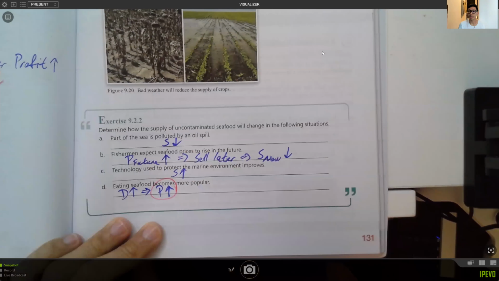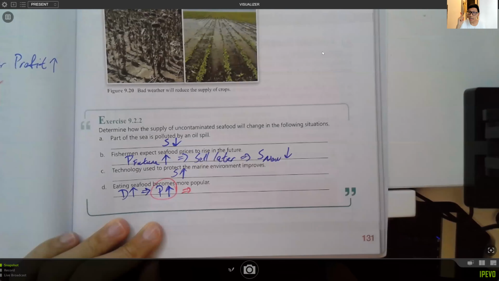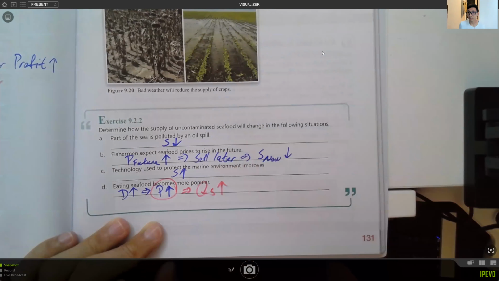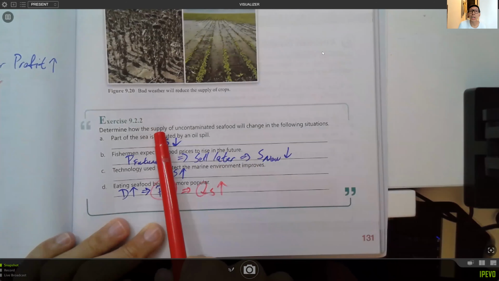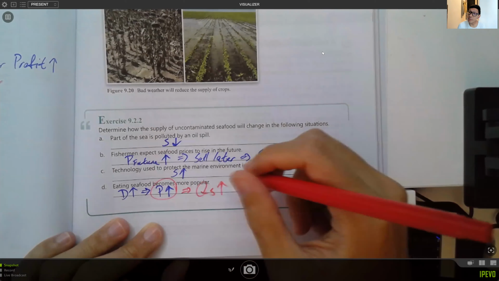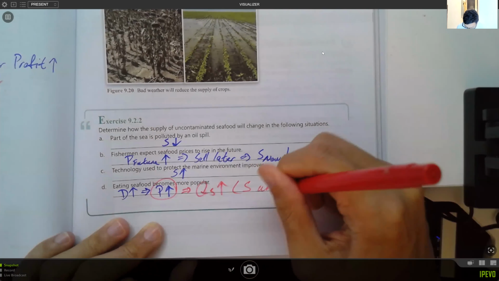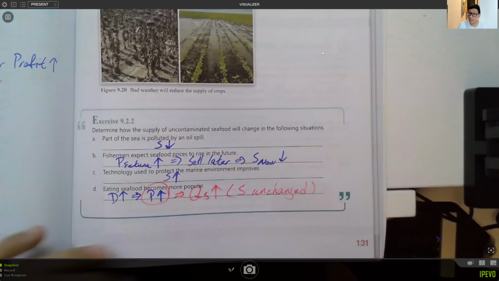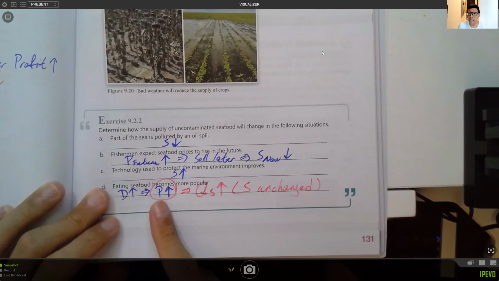Price of seafood increase. When price increases，呢個係價格嘅改變。So what does that mean? It means that QS would increase by the law of supply. But it is asking how the supply would change. 而家係 QS 變，actually supply remains unchanged，because this is a change in price only.